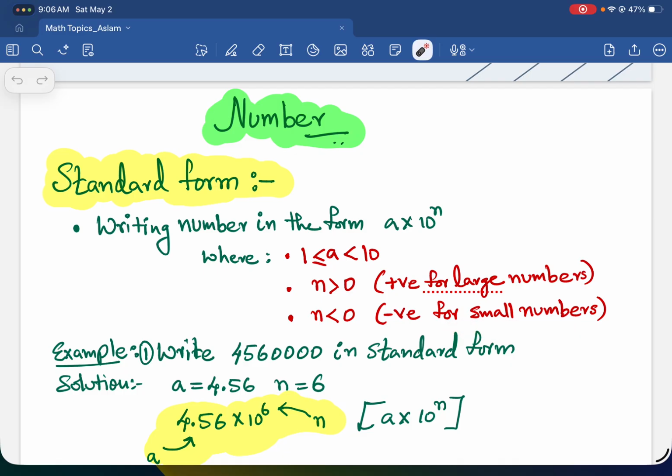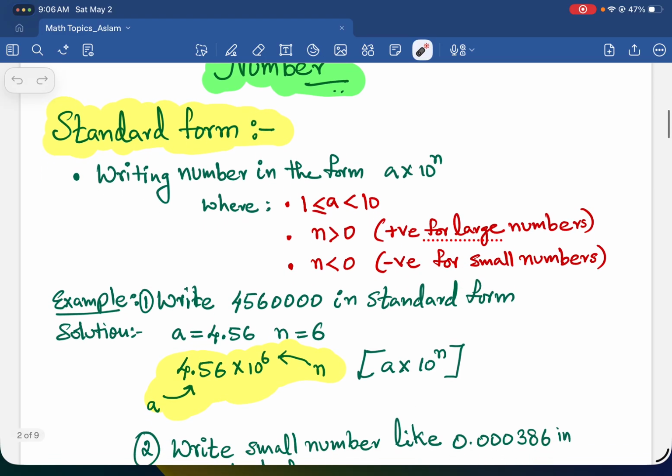Now let us get into this example where you can understand much better how to write numbers in standard form. For example, I have taken here 4,560,000 and I have to write this in standard form. So the first thing I'll do is convert this in the form of a into 10 to the power of n, where a must be between 1 and 10.